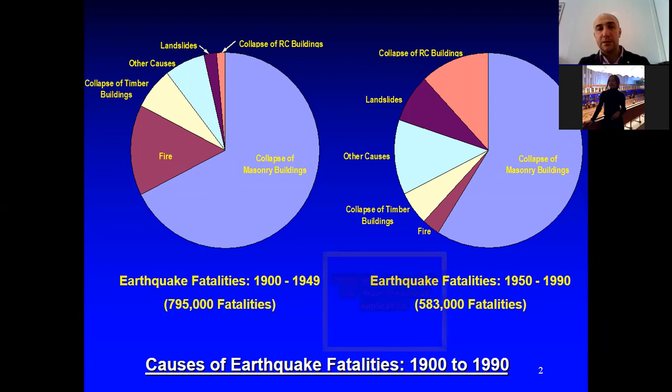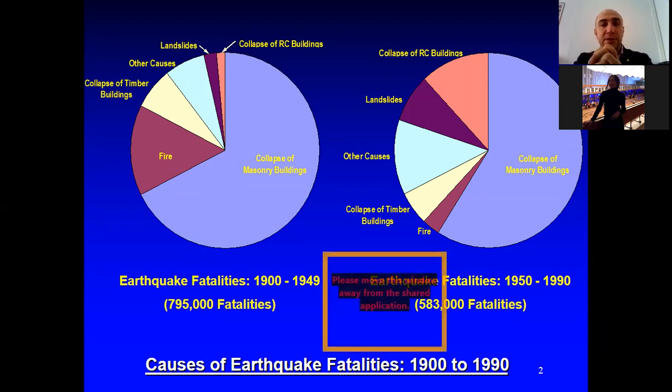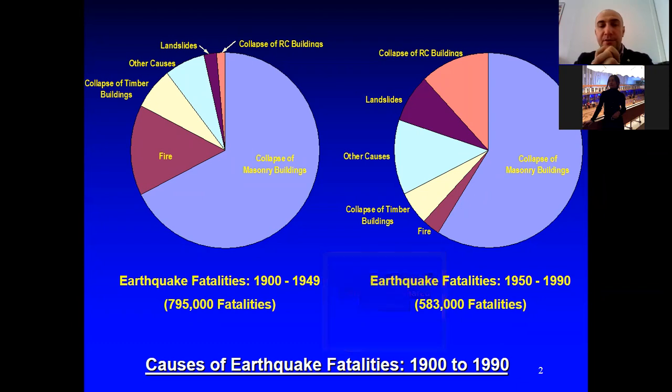This slide shows us an analysis of the causes of fatalities in earthquakes for the period of 19th century to 1949. And the second period is from 1950 to 1990.